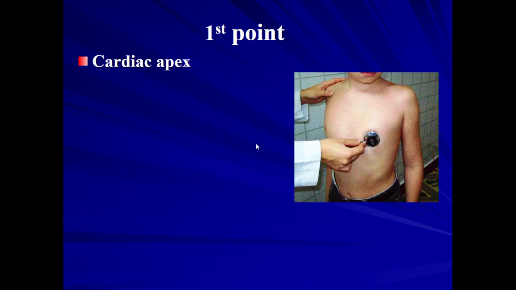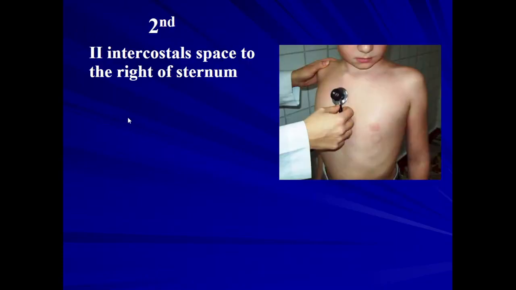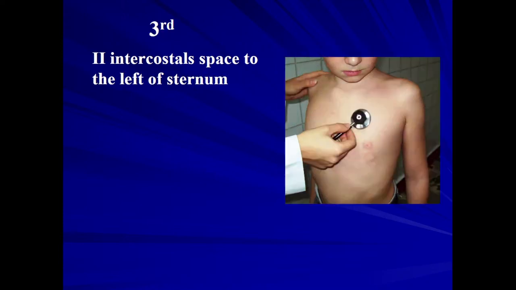You can see the real first point on the cardiac apex, the second point in the second intercostal space to the right of the sternum, the third point in the second intercostal space to the left of the sternum.